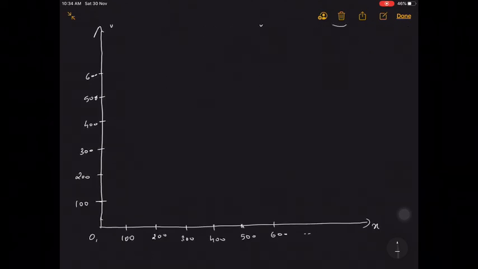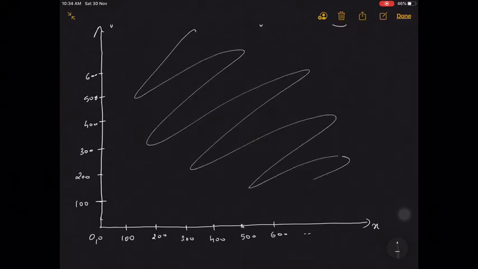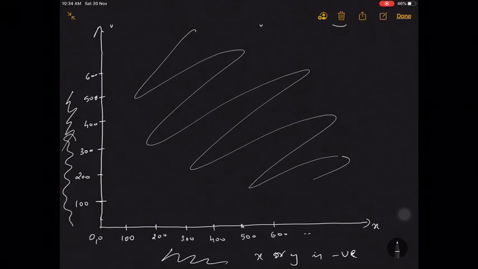Now this is 0 comma 0, and we are considering only this part of the graph because in this area and this area the values of either x or y are negative. In the area below the L shape region, either x or y will be negative.